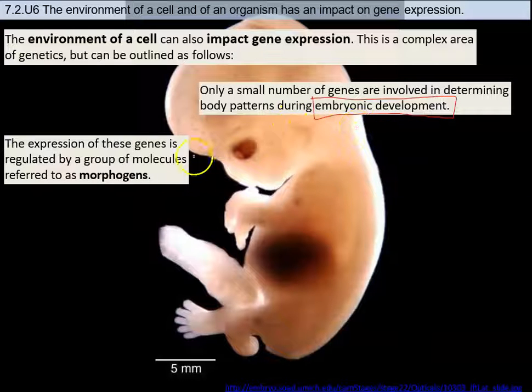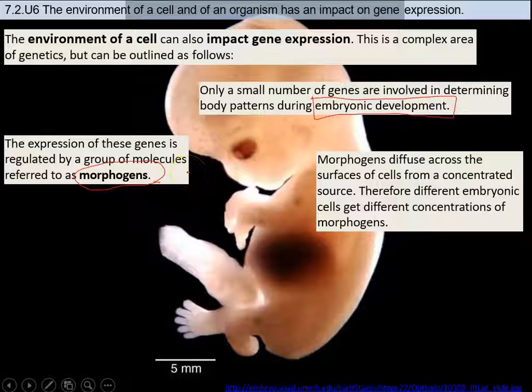The expression of these genes is regulated by a group of molecules referred to as morphogens. So morphogens are not genes. Morphogens are a group of molecules that can regulate and affect gene expression. How does this happen? Morphogens diffuse across the surface of cells from a concentrated source.